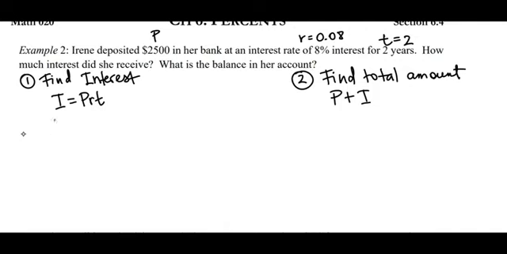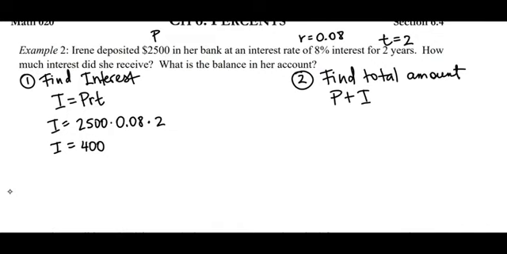Okay, so I equals 2,500 times 0.08, and then times 2. So plug everything in there, and then multiply through to find your interest. The interest is $400. So we found our interest.